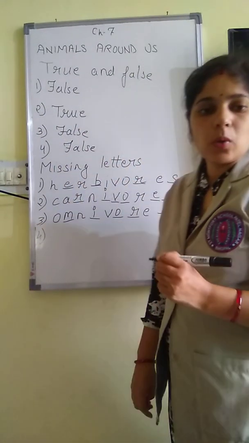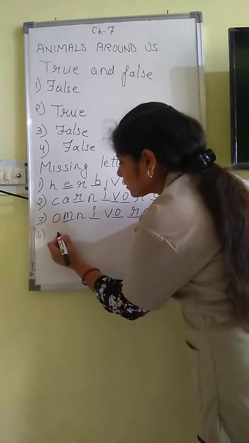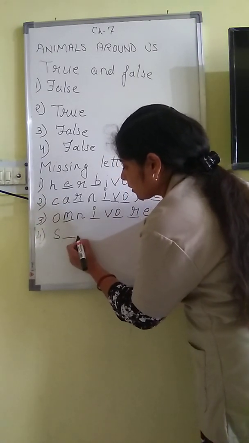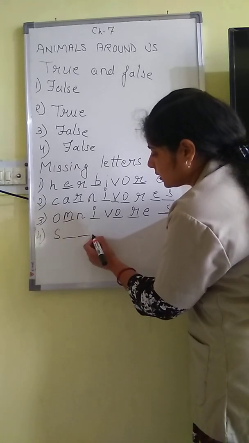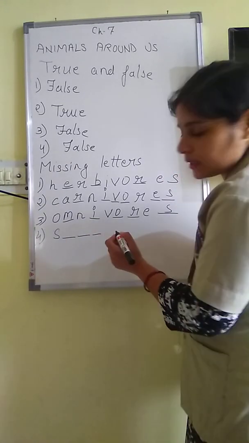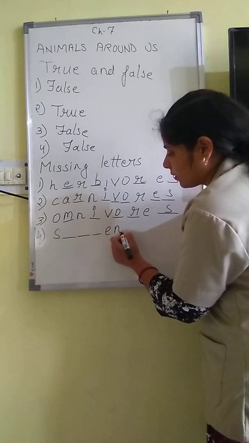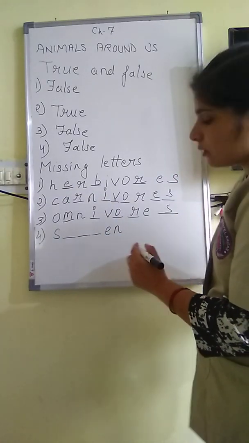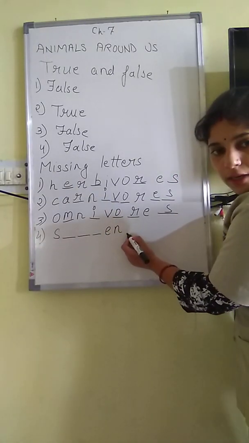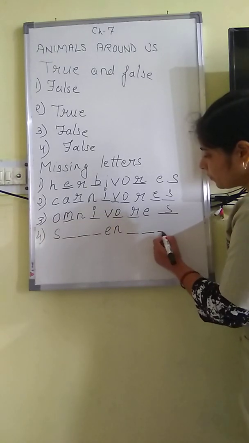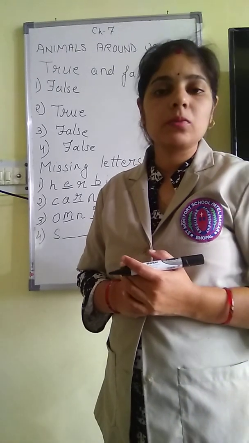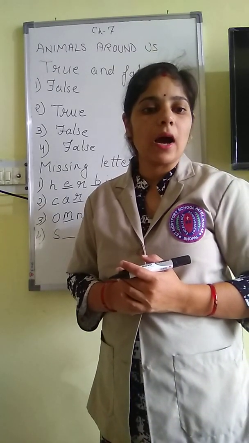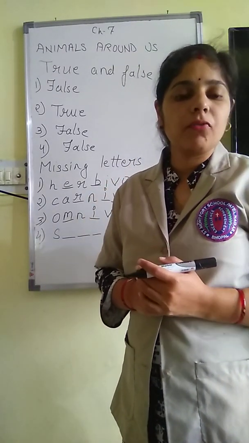Now we are coming on to the last one. In the last one, the first letter given is S. Then you are having three dashes. Then it is given as E, N, and then again you are having 4 dashes. So the animals given in this category are hyenas and foxes.